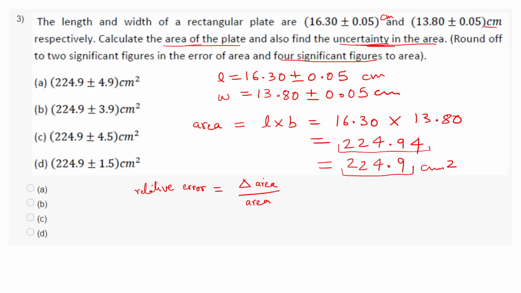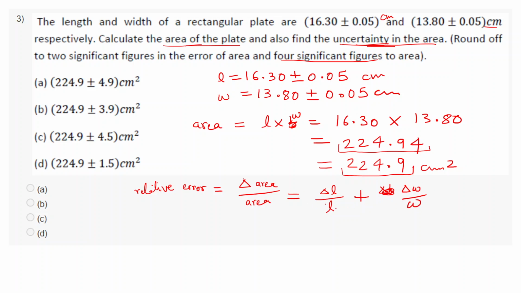Or so how we'll do this, the formula of area is length times breadth. So relative error in this will be relative error in length, which is given by delta L over L, plus relative error in width. Sorry, I am using W here, I should use W everywhere, right? So this is the rule.